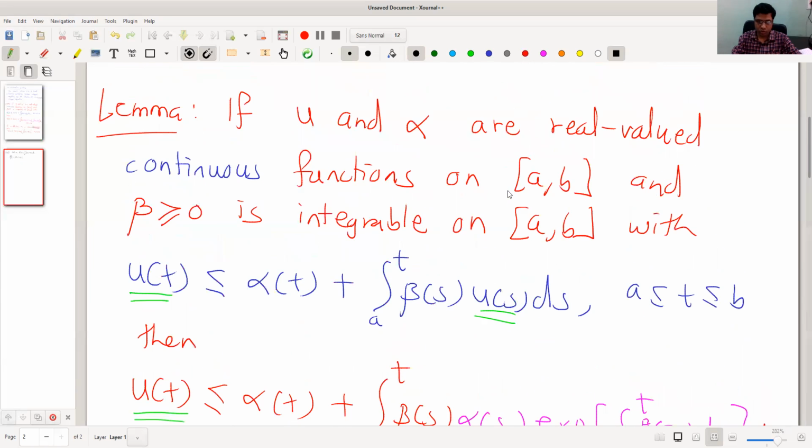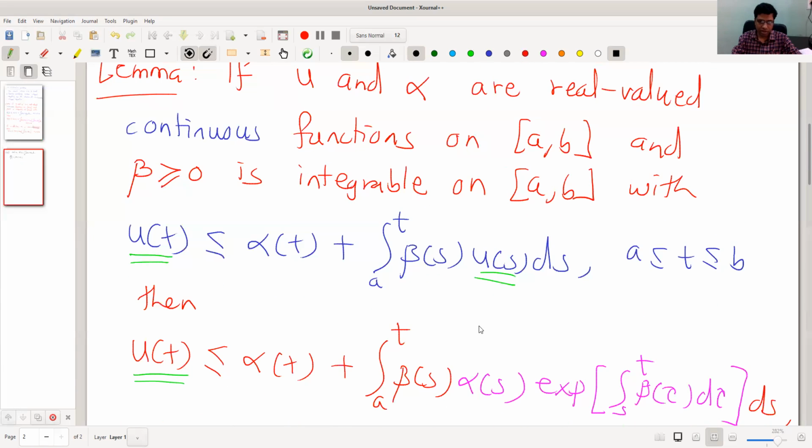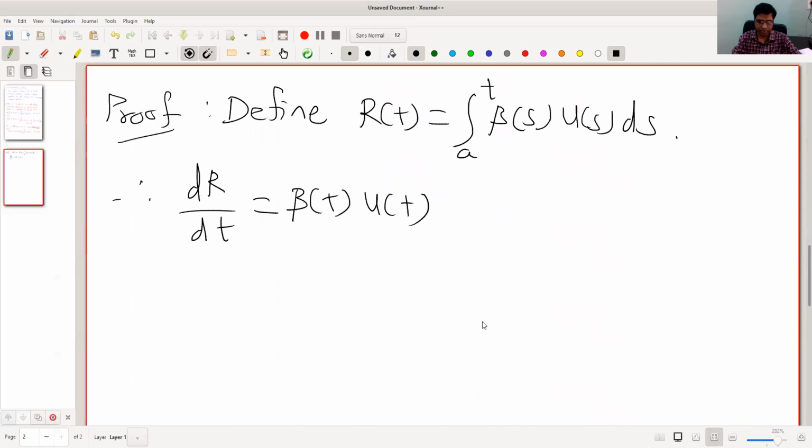So we can write this as, this beta of t is as it is into u of t is less equal alpha of t plus beta of t multiplied by this one is r of t.